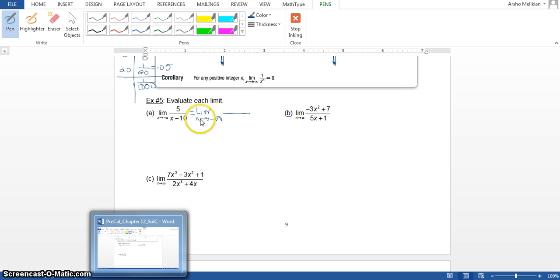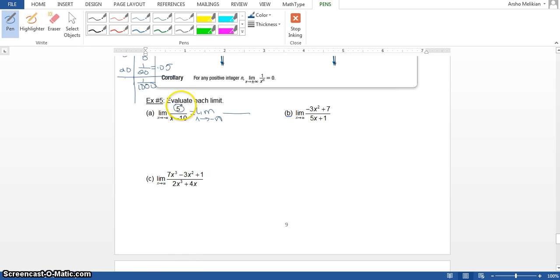What I'm going to do is take the term with the highest exponent from the top and the term with the highest exponent from the bottom. Why does x have a higher exponent than 10? Because x has an exponent of 1. This is x to the power of 1. This is x to the power of 0. We're talking about the exponent of the variable. So if you have x minus 10, that's the same as x to the 1 minus 10x to the 0.